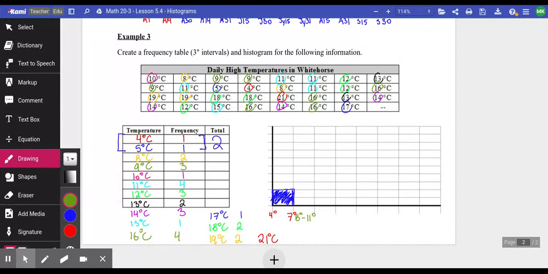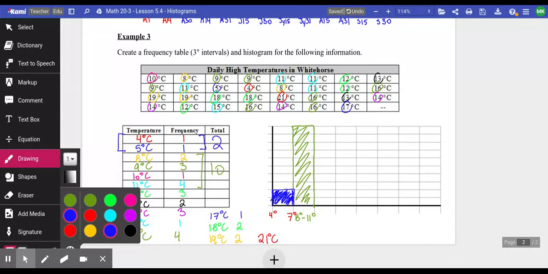I can now clump those up. So I look here and I go, all right, from 8 degrees to 11 degrees, there was 5, 6, there was 10 total. And I can draw that bar up to 10. 1, 2, 3, 4, 5, 6, 7, 8, 9, 10. And I can group them all together. And this saves me from having to do all those bar graphs by just grouping my work together.